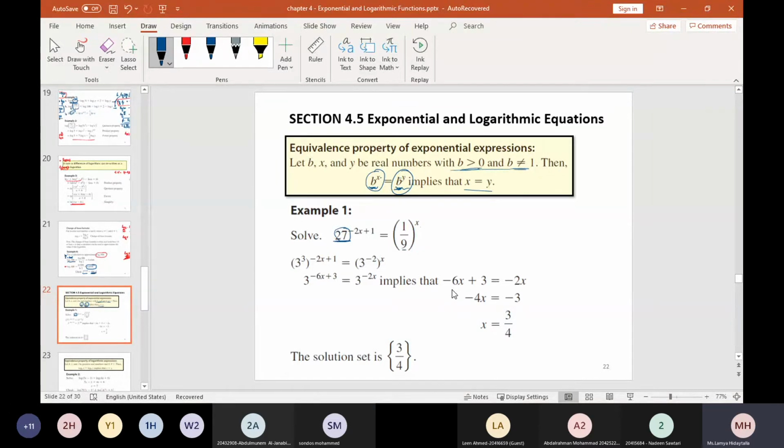Yes. Actually, what is 27? 27 is 3 times itself 3 times, so it is 3 cubed. So I can write the left hand side as 3 to the power 3, and to the power minus 2x plus 1. If you want you can put it like that: 3 to the power 3, then the exponent minus 2x plus 1.